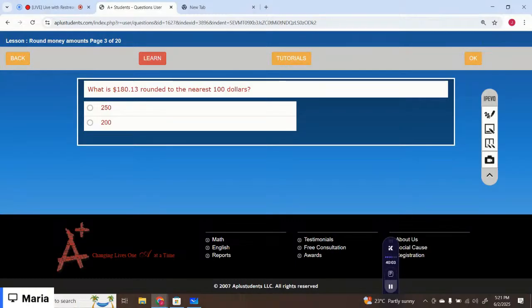So we need to round to the nearest $100. That is 180.13. So 180.13 is rounded to $200. Option number two is the correct option. That is $200.